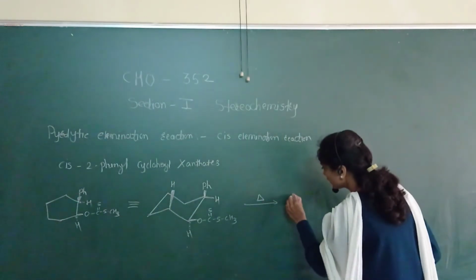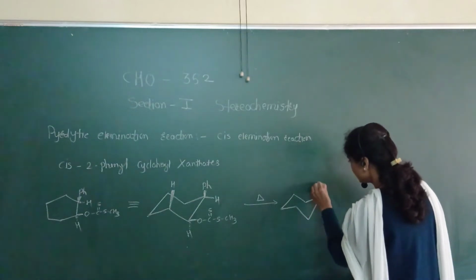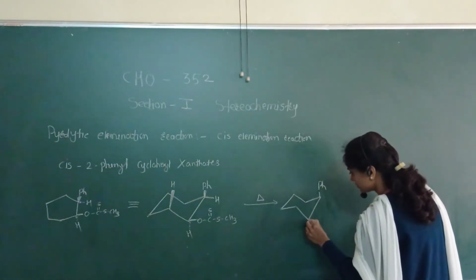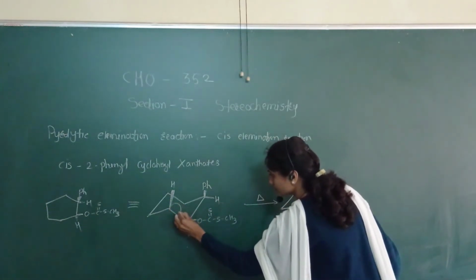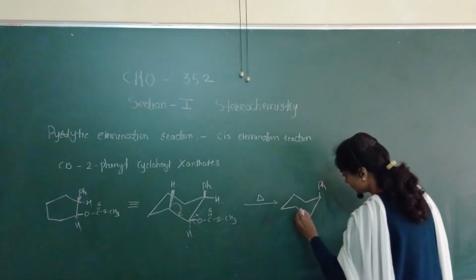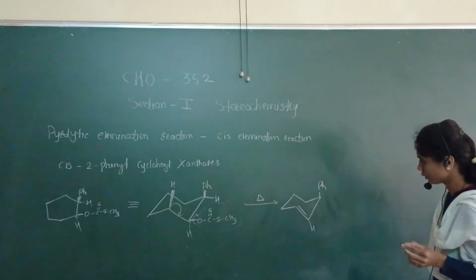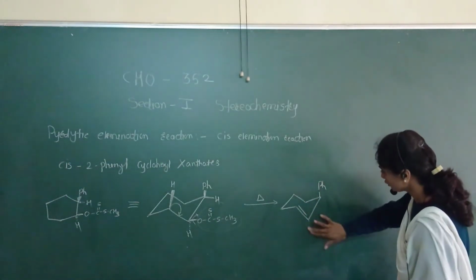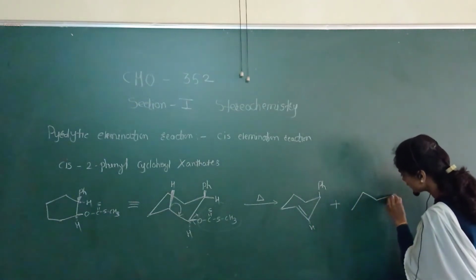Suppose we get two products. Here is phenyl, as the xanthate group is there, and under heating condition we get a carbon-carbon double bond, or olefin, as a product. This is a major product, and one is a minor product.